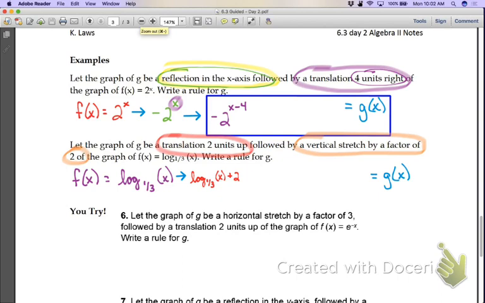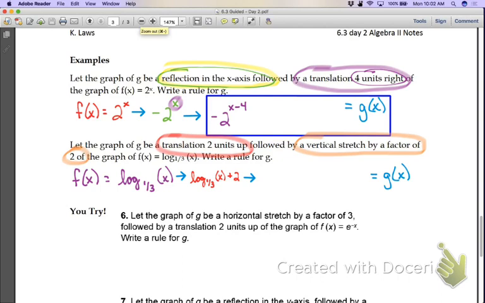So I moved it up 2. The next thing I have to do is stretch everything by 2. The biggest question here is what's going to get multiplied? Log?